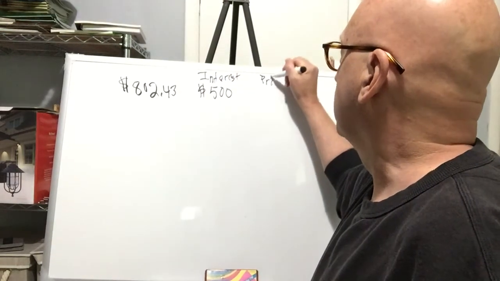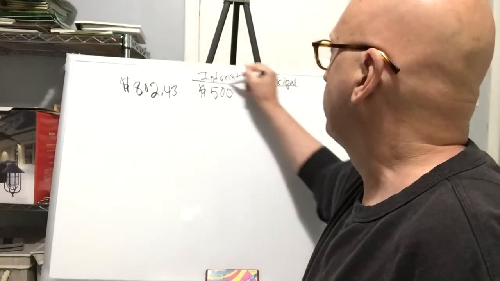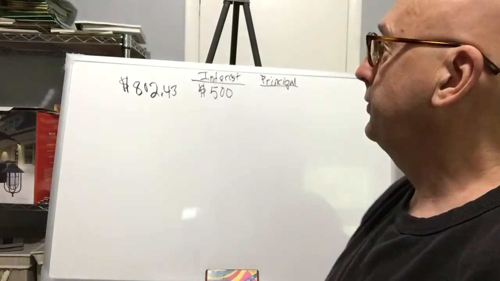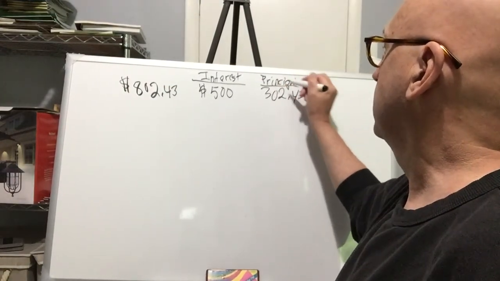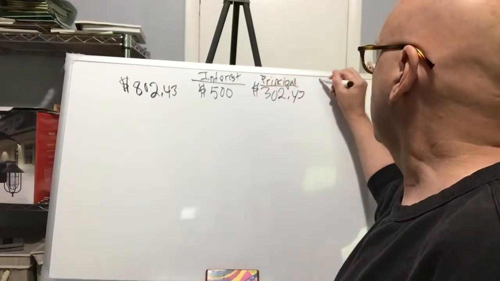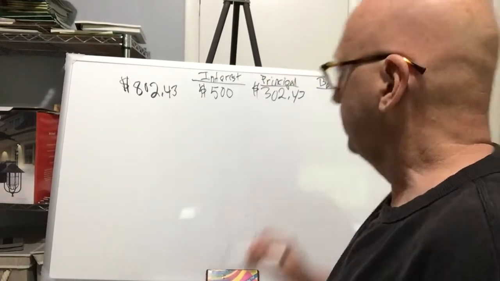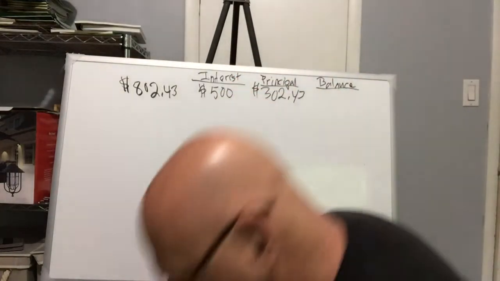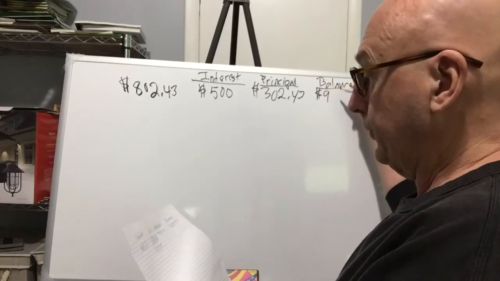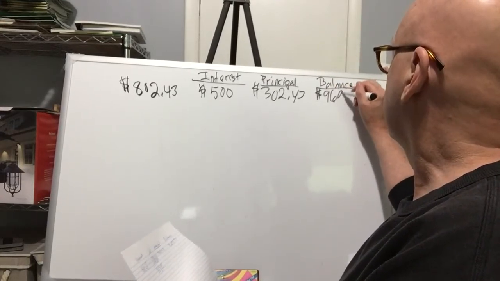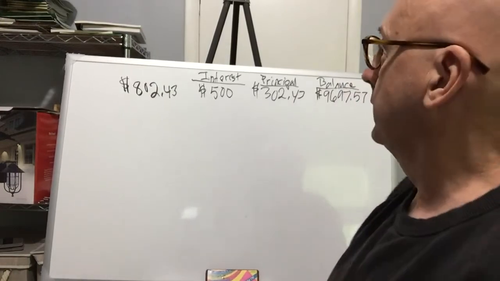So the principal amount paid would be the difference, $302.43, which gives a balance at the end of 6 months due of $9,697.57.